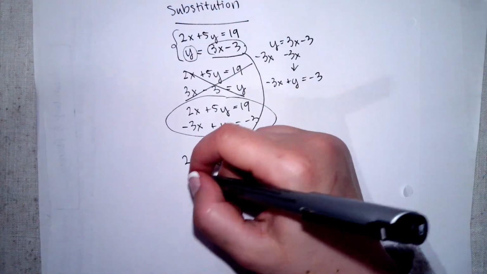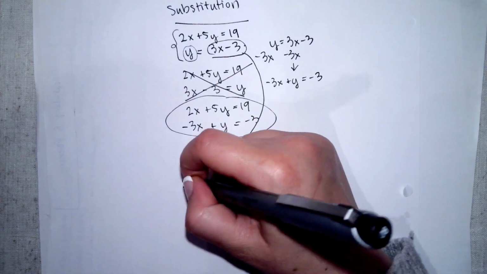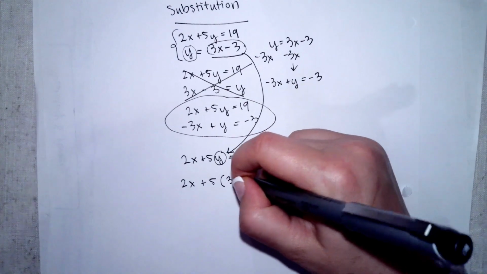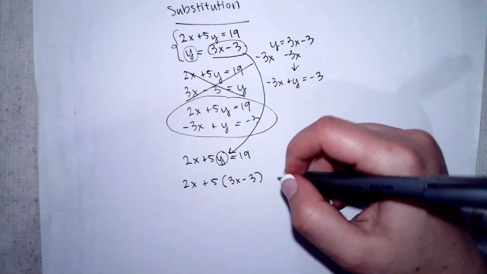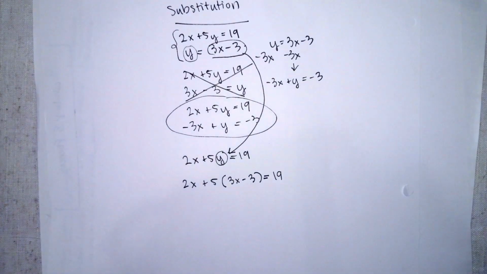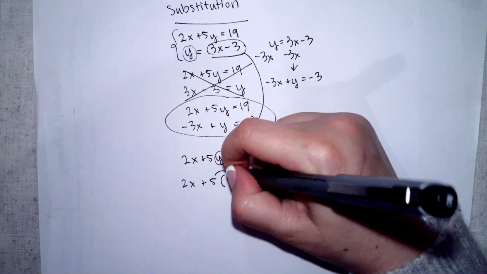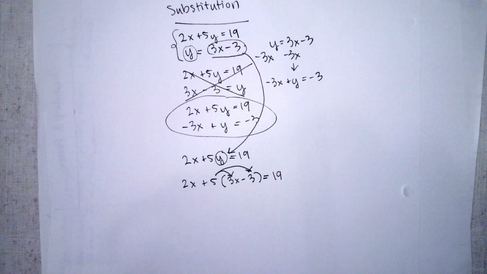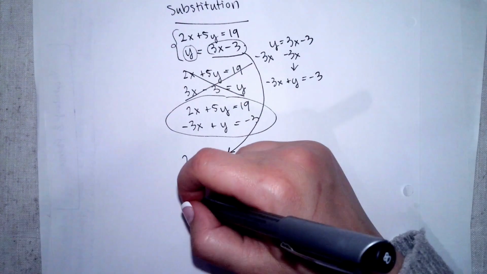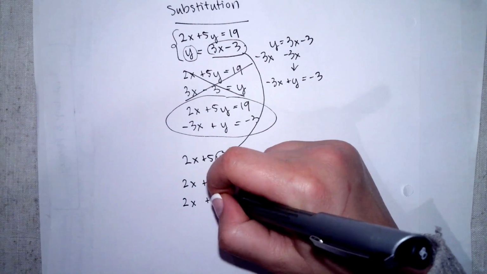Okay, so we're just going to go ahead and plug it in. So 2x plus 5y, where y is 3x minus 3, is equal to 19. And this is also where you really have to have your distribution skills sort of developed. Okay, so we're just going to simplify.